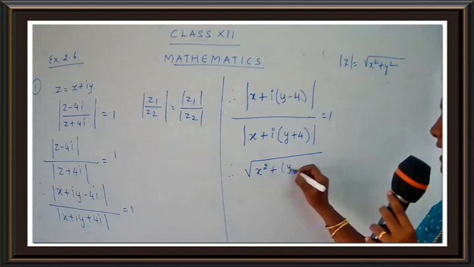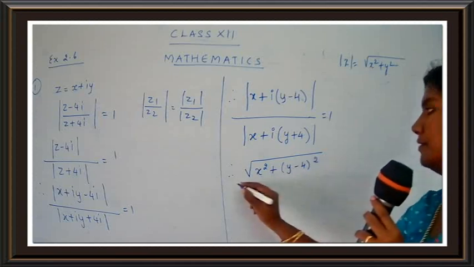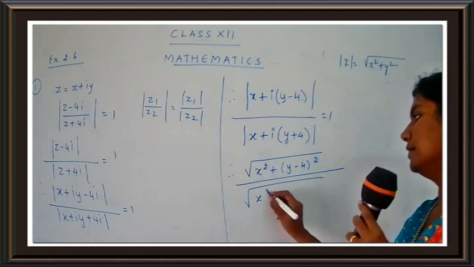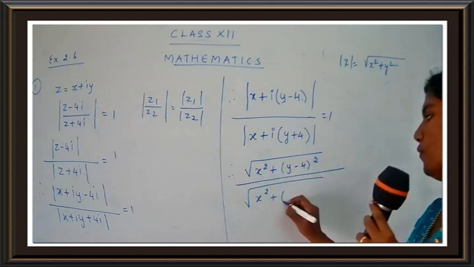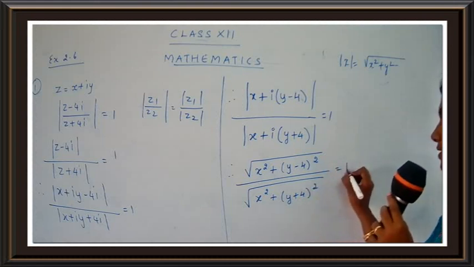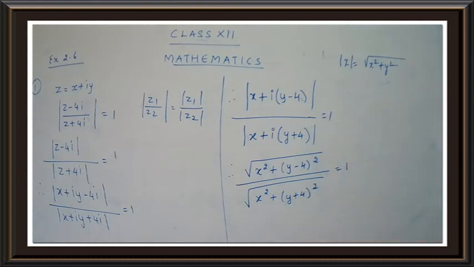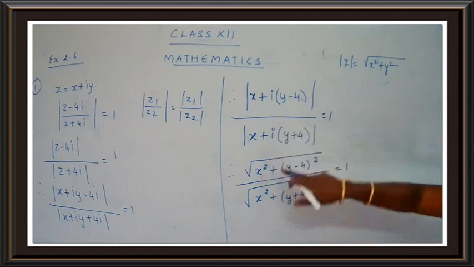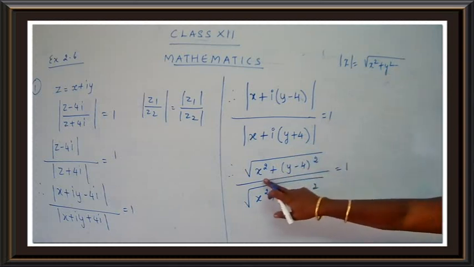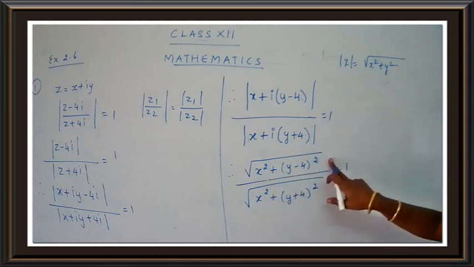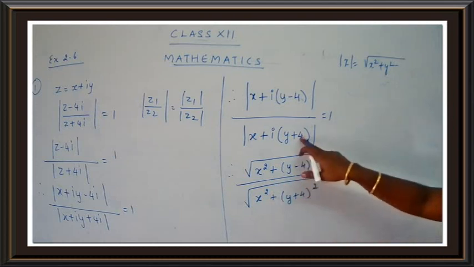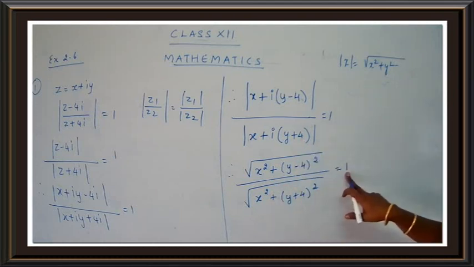That means square root of x square plus y minus 4 the whole square upon square root of x square plus y plus 4 the whole square. Are you clear, children? Are you getting my point? This is equal to 1.